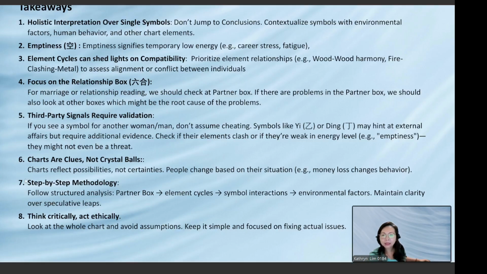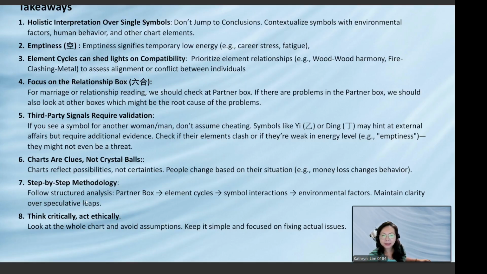Next, I understand that we need to follow the step-by-step methodology when we want to forecast a chart. For relationship forecasting, we look at the partner box, then the element cycle, then the symbol interaction, and all the others. Everything has to be clear, and we should not be making speculation.